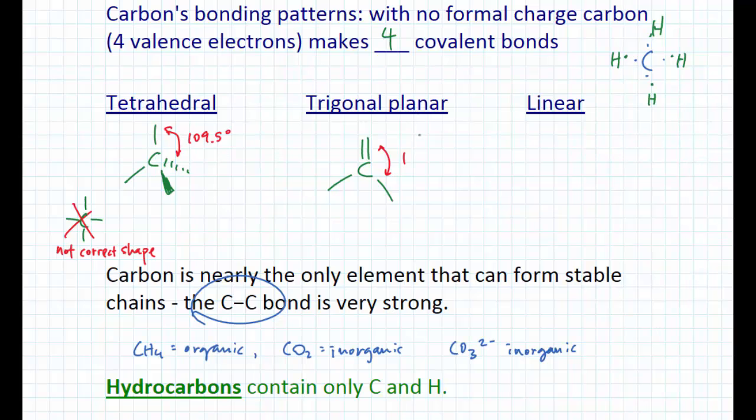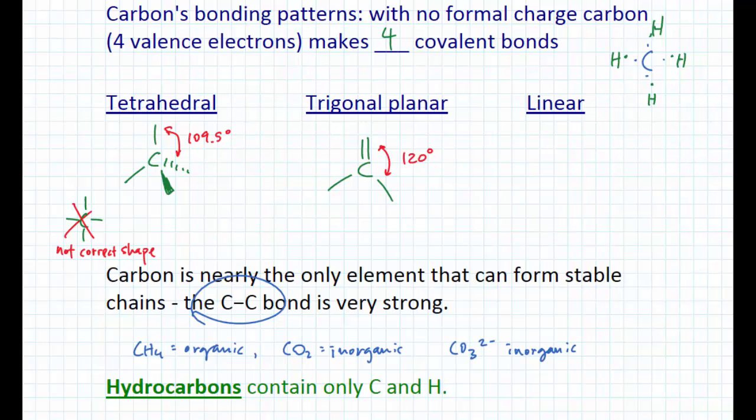And 120. That's just sort of a triangle kind of shape. Okay. So 3 electron groups, essentially 3 sigma bonds, and then an additional pi bond on that one to make the double bond. Remember, sigma and pi. Okay.